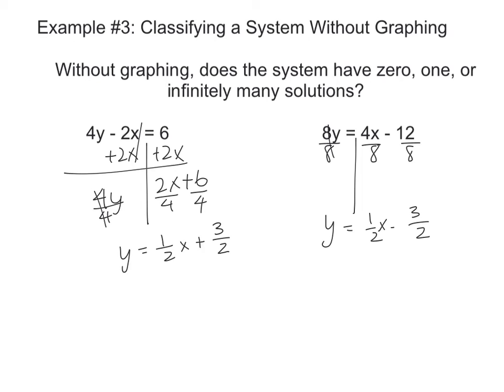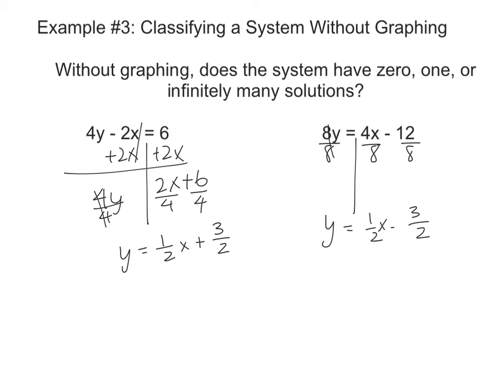If it was one solution, I may have a slope that is different, and also a y-intercept that is different, or I may share the same y-intercept but different slopes. Either way, it means that they would have different slopes. And if they are infinitely many solutions, that means the lines will be the exact same.